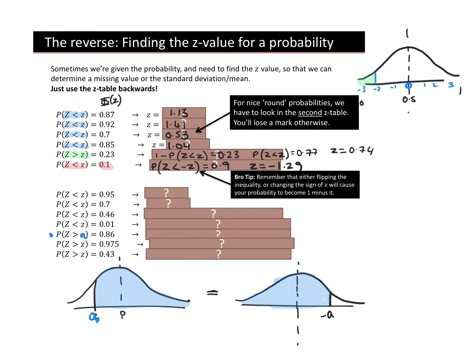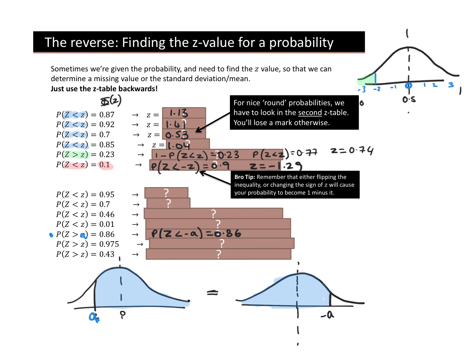So this is why the probability of Z being greater than A equaling 0.86 is the same as the probability of Z being less than negative A equals 0.86. Now, can we do less than?